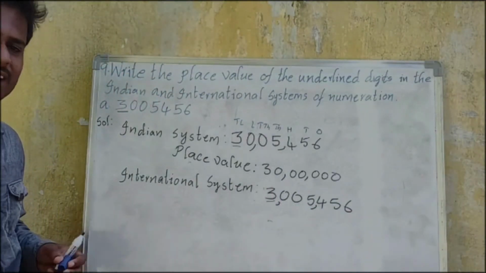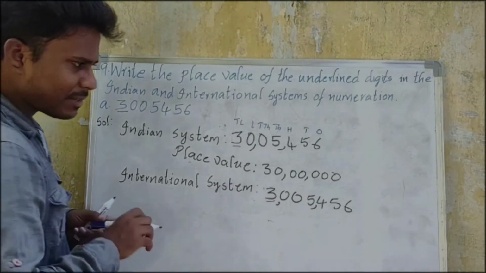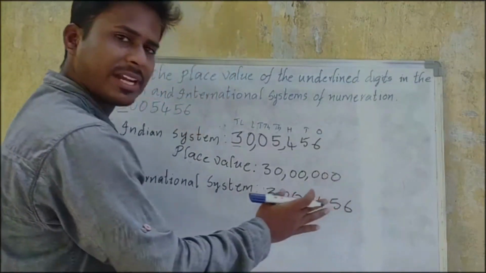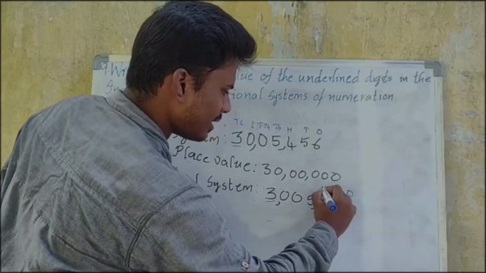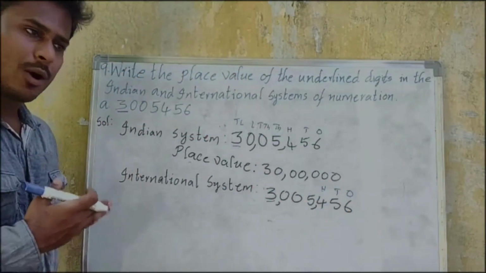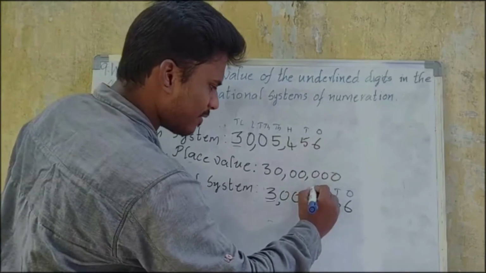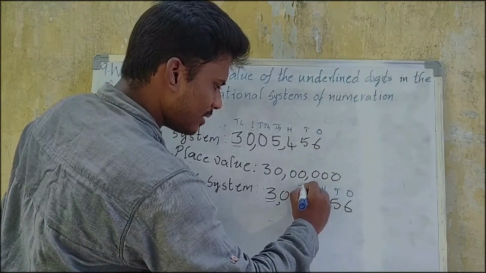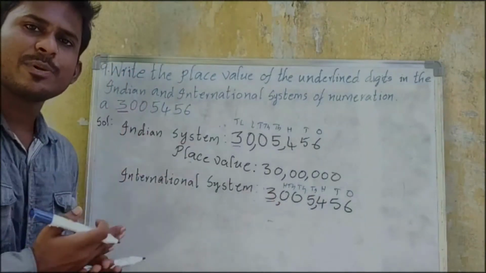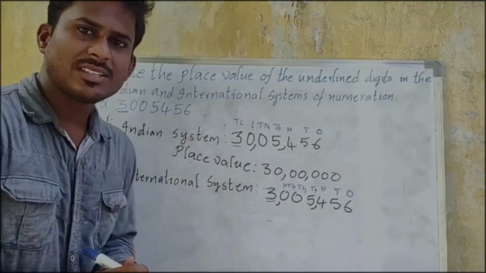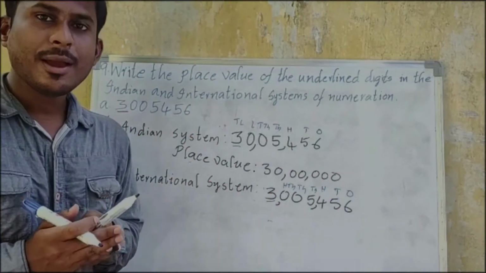For clear understanding, let us write the periods and places also. First period is ones period. In ones period we have ones, tens, hundreds. Next period is thousands period. In the thousands period we have thousands, 10,000s, 100,000. What is the next period after this thousands in the international system? It is millions period.